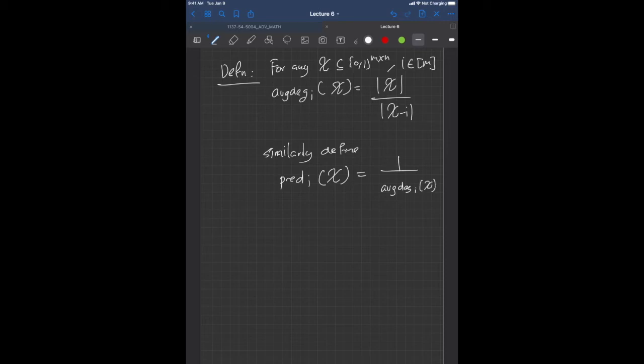Okay. Now let's try to make sense of this measure of information by considering some examples. But before we do that, are there any questions about these definitions?